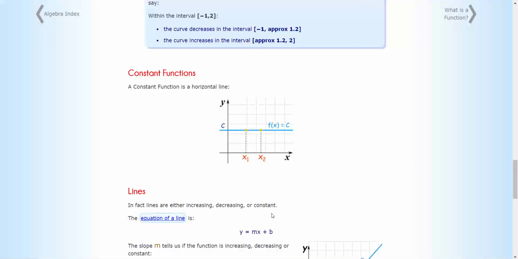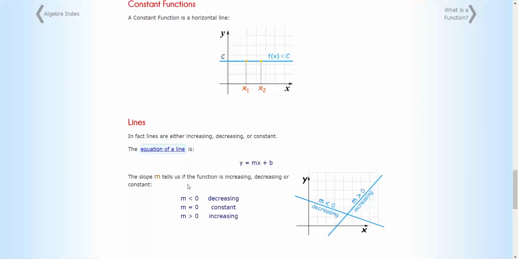A constant function is a horizontal line. This is a function.